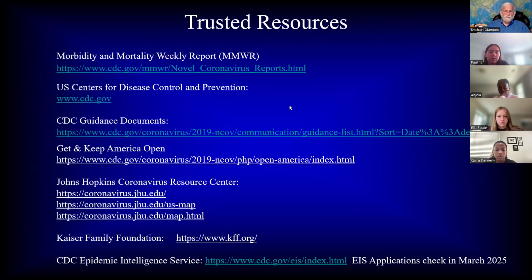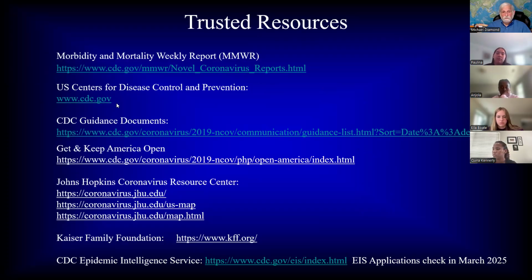So, trusted resources, and I hope you'll begin to gather your own set of websites where you can turn for good information about diseases or about different information. I highly recommend the Morbidity and Mortality Weekly Report. You can get that for free. It's just called the MMWR from the CDC. This is an example of one of these reports from the coronavirus.